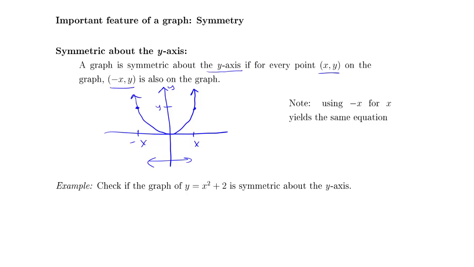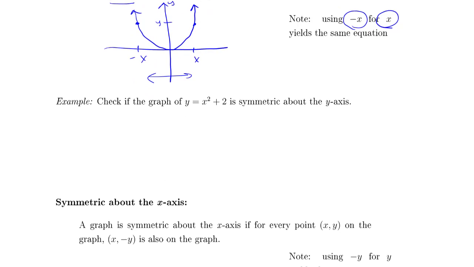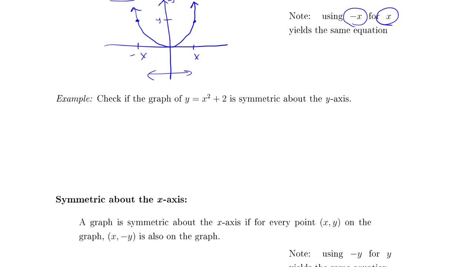And if we want to check to see if something has that symmetry from an equation, basically what we do is we check to see if using negative x and x gives us the same equation. For example, if I want to check if the graph of y equals x squared plus 2 is symmetric about the y-axis, I try negative x for x.